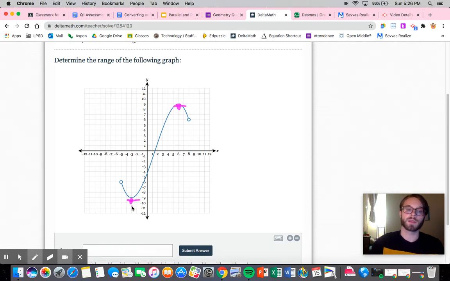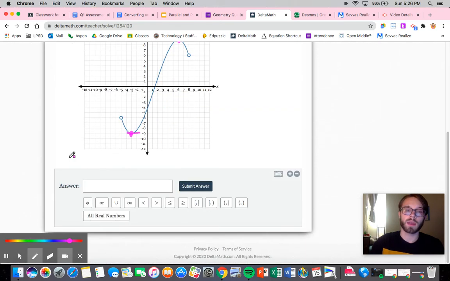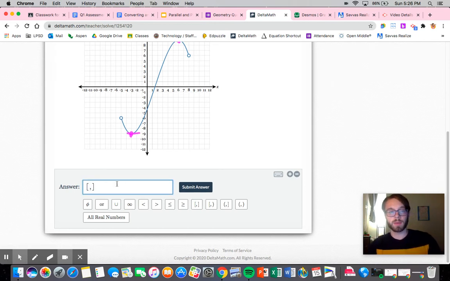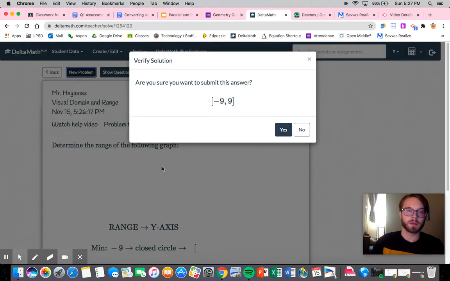We have closed circles. So even though you have two endpoints, and if you were doing domain, you would have used parentheses, because both of these minimums and the maximum are at a point on the line, or the curve, I should say, we're going to use brackets. Okay. So let's look at those.